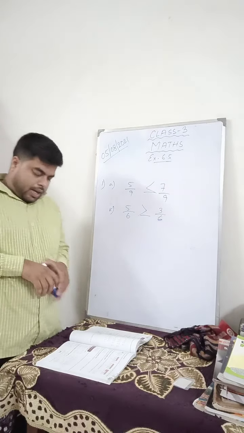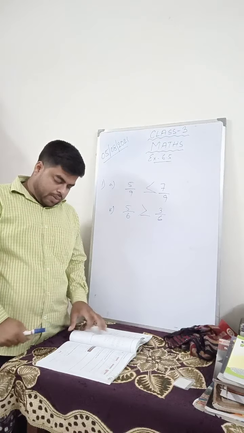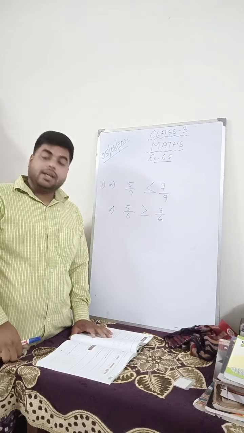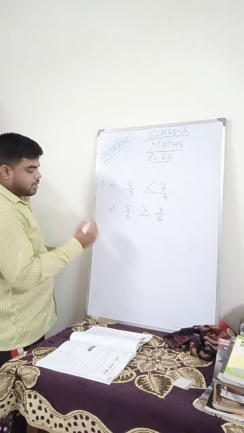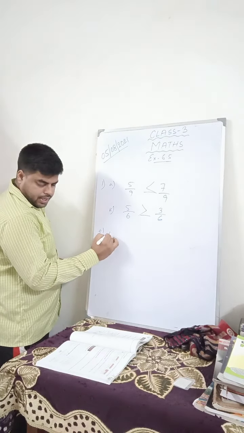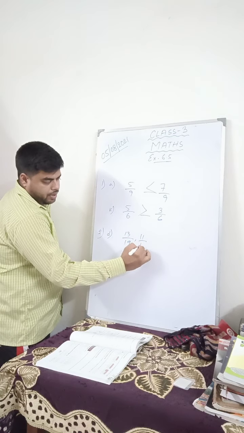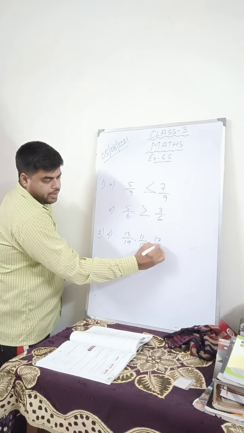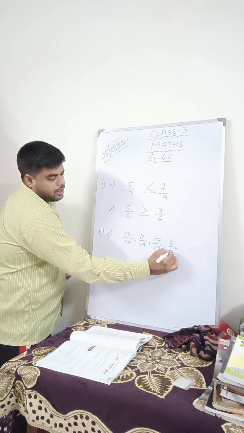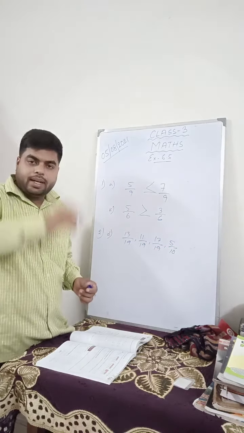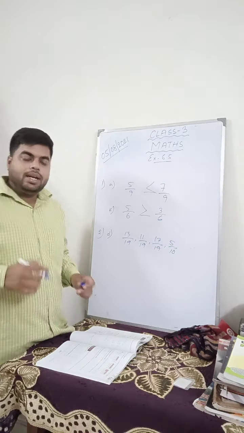Now when you arrange them, in question number 2 they have said in each set of fractions circle the biggest one. So suppose question number 2, D, 13 by 19, 11 by 19, 17 by 19 and 5 by 19. They have asked you to circle the greatest one. Now if you can see, all the denominators are same.